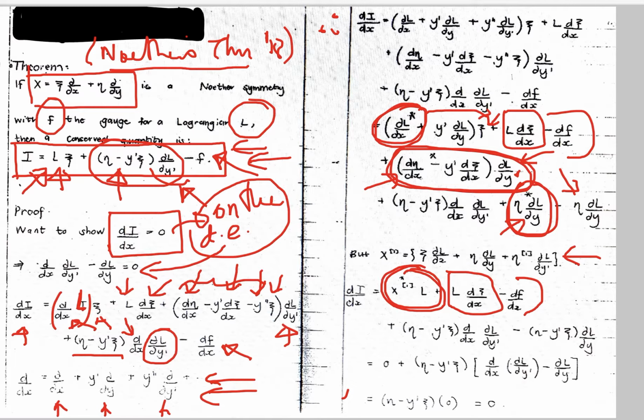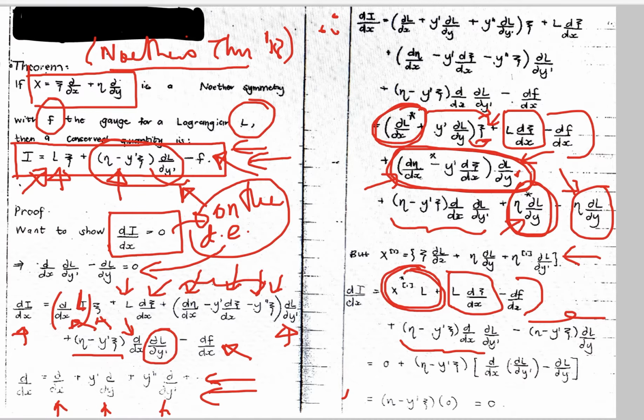For example, you will notice that this term here I've reproduced there, and then I collected the remaining terms. The remaining terms are, in the previous step, this minus η ∂L/∂y and this product here. So I collect the remaining terms and I end up with this term here.